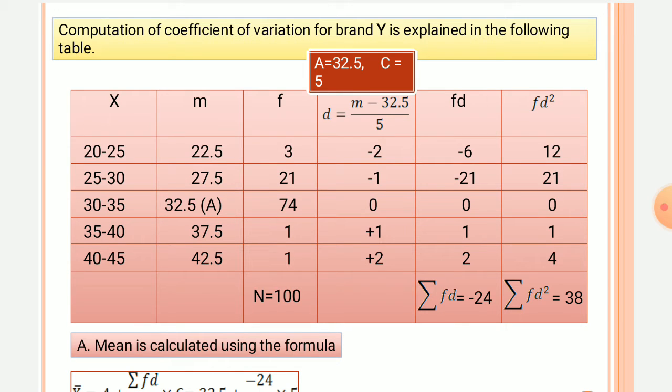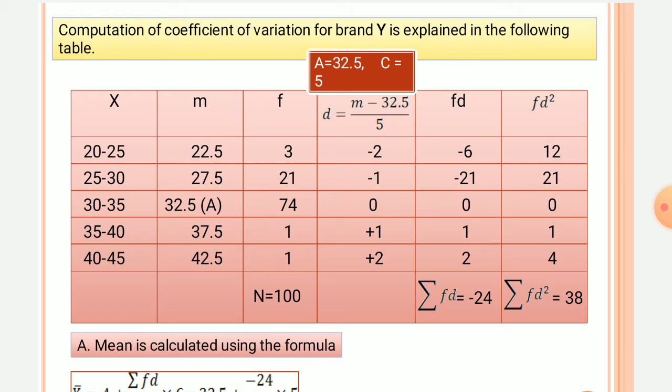So similarly 0, 1, 2, and then f into d, fd: 3 into minus 2 is minus 6, 21 into minus 1 is minus 21, 74 into 0 is 0, and then 1, 2. Finally we have to make the product of fd into d, fd square: minus 2 into minus 6 is 12, minus 1 into minus 21 is 21, 0 into 0 is 0, 1 into 1 is 1, 2 twos are 4.